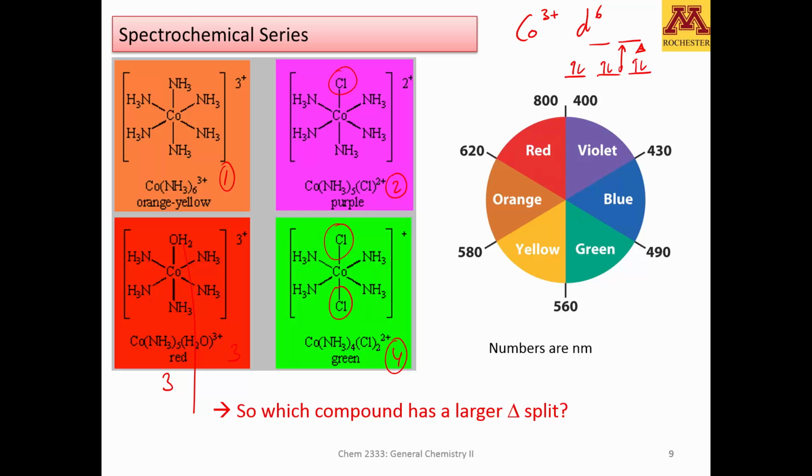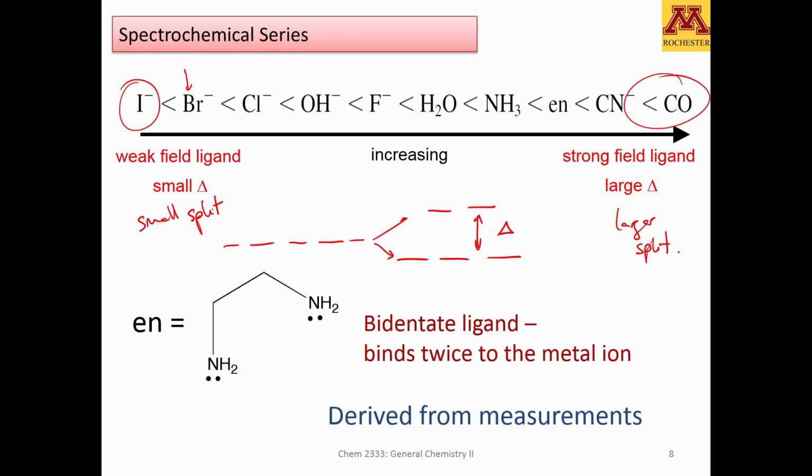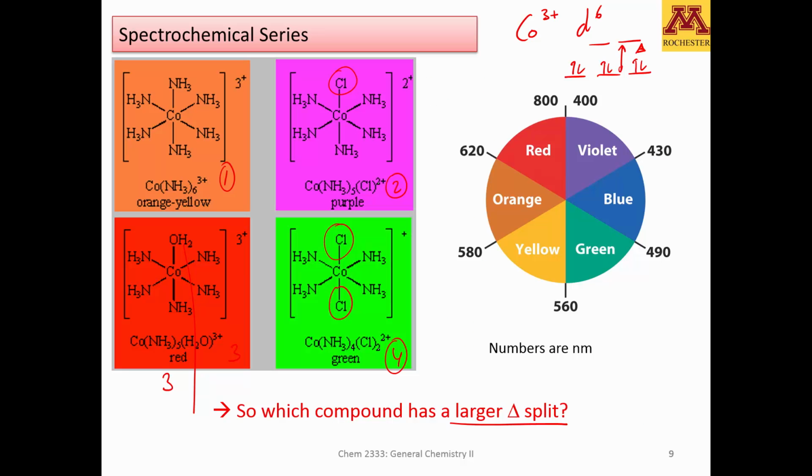So can we talk about which compound will have the largest split? Well, we have either ammonia, water, or chloride. Complex number 1 has 6 ammonias, so the split will be larger in complex number 1.